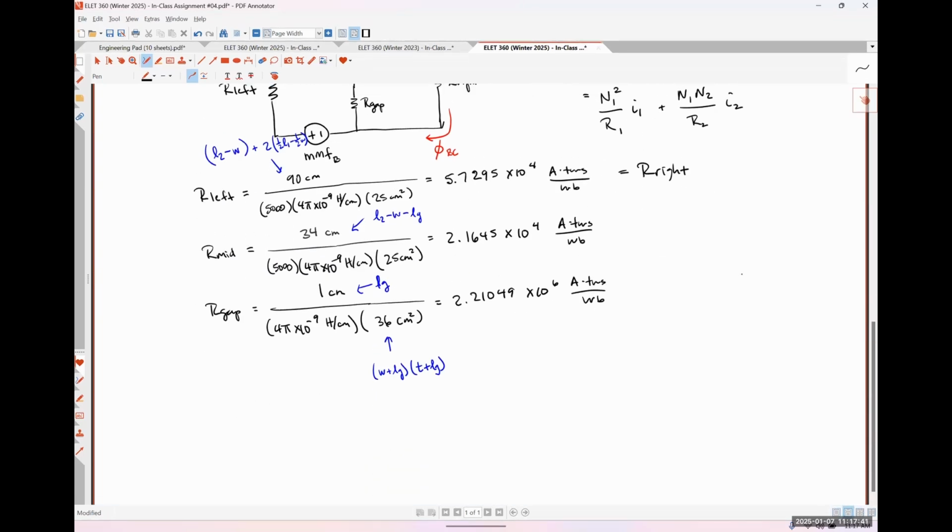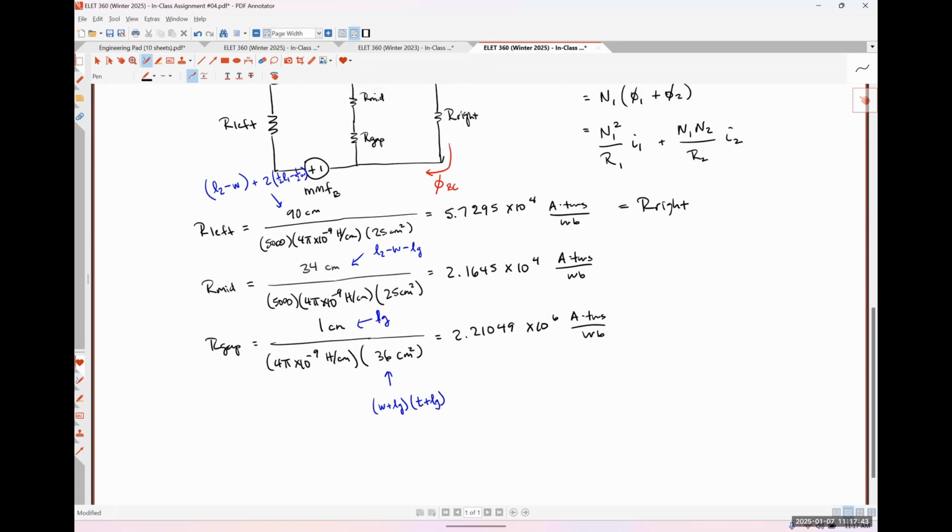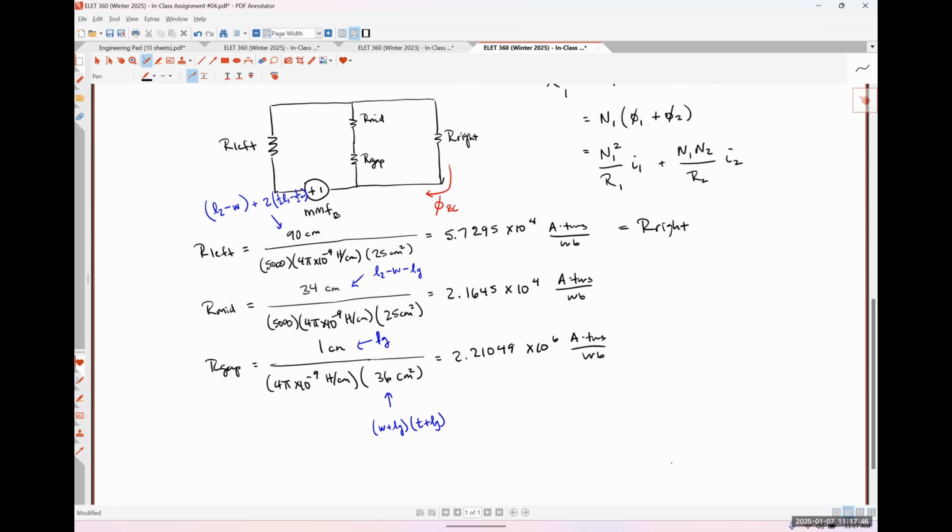All right. So we have all of these constituent parts. Let's go through and figure out what this flux is going to be. The way that I would do this, as I mentioned a couple of moments ago, would be probably using some sort of flux division.